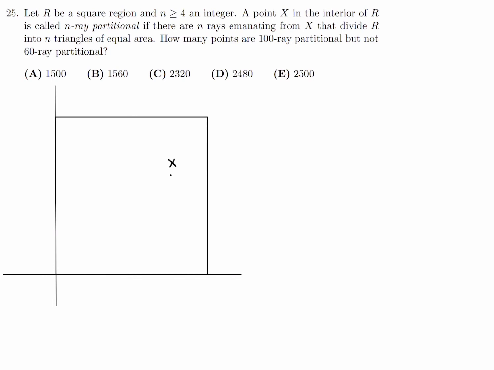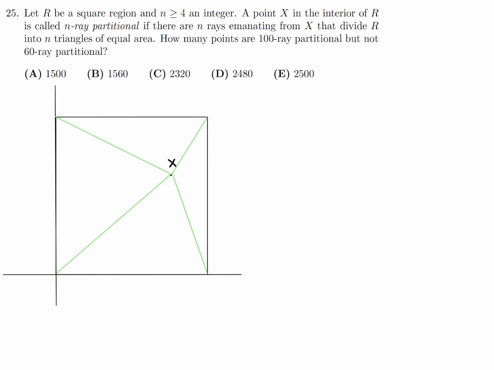And obviously these rays are emanating in such a way that they divide that square into a whole bunch of equal triangles. So some of those rays obviously will need to go through the vertices. So let's just draw those ones that go to the vertices like that. Then we've got another one going down here, and then another one going to that.